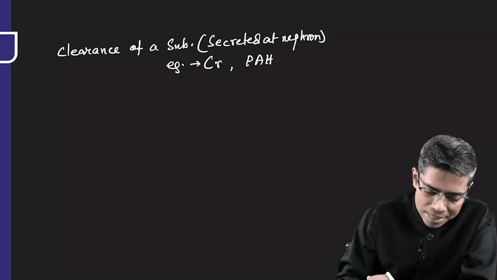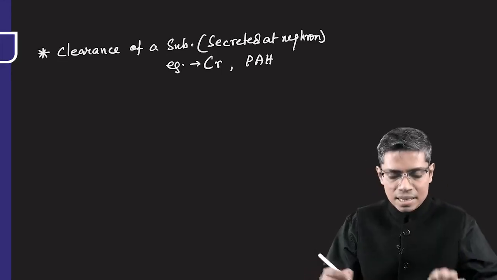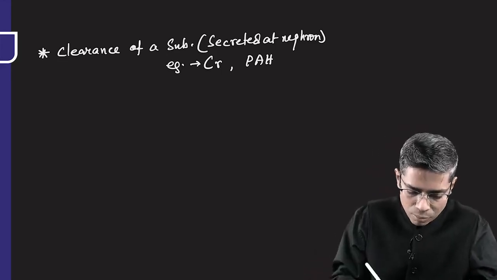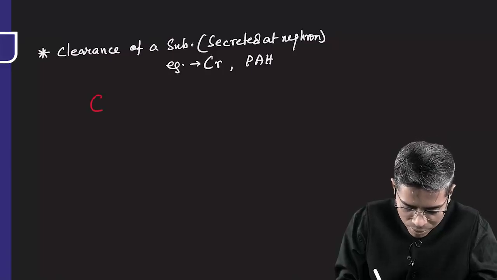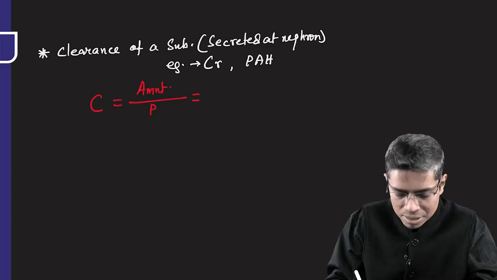So, if I measure the clearance of a substance which is getting secreted at the level of the nephron, what will be my concept? Clearance is equal to the same basic formula: amount in the urine upon your plasma concentration.